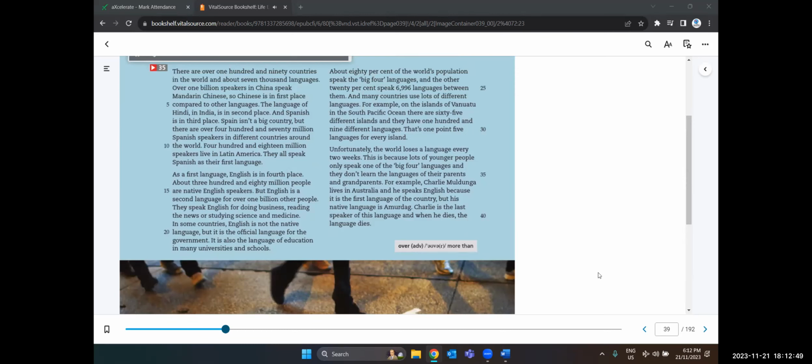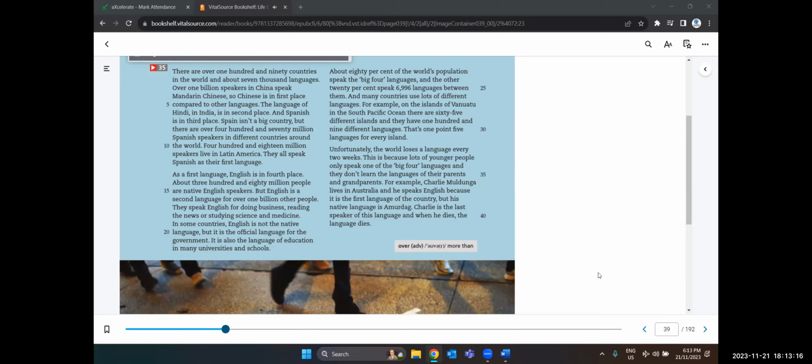For example, on the islands of Vanuatu in the South Pacific Ocean, there are 65 different islands, and they have 109 different languages. That's 1.5 languages for every island. Unfortunately, the world loses a language every 2 weeks.